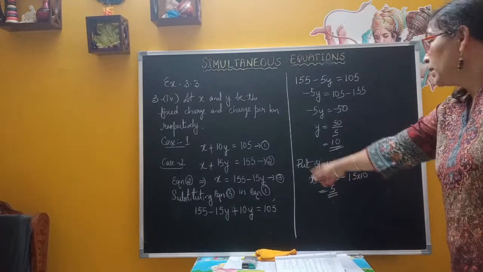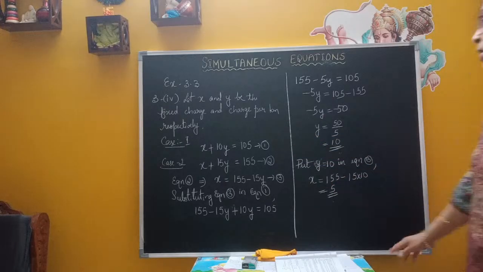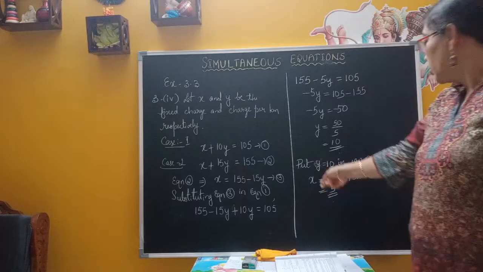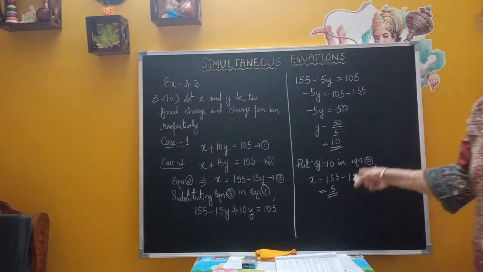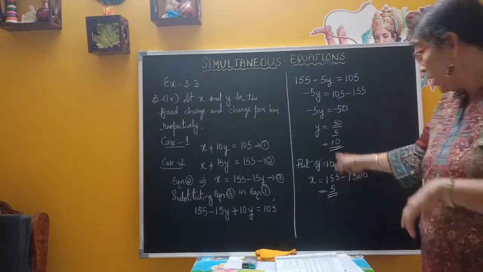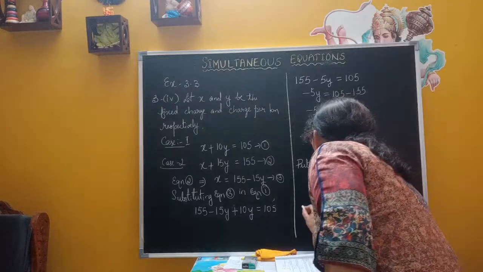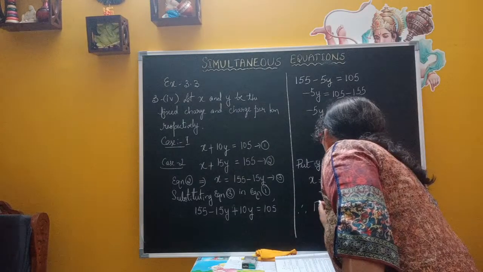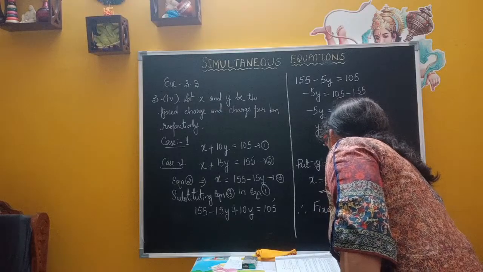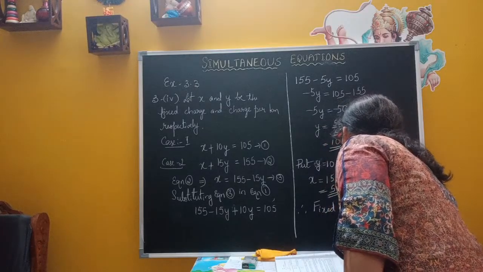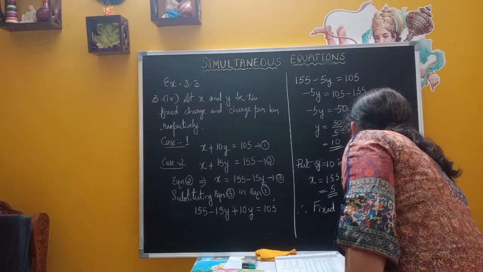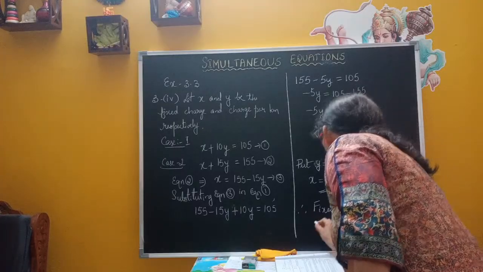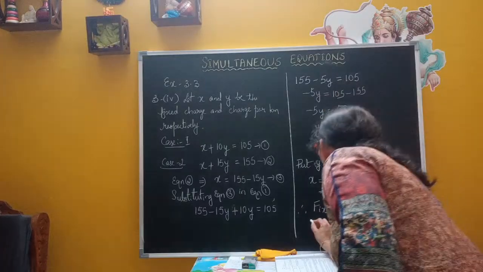Okay, so let us write the answer now. Conclusion part. Therefore, the solution is 5, 10. If you want to write the pair of solution, it is 5 and 10. So therefore, fixed charge is rupees 5 and charge per kilometer.